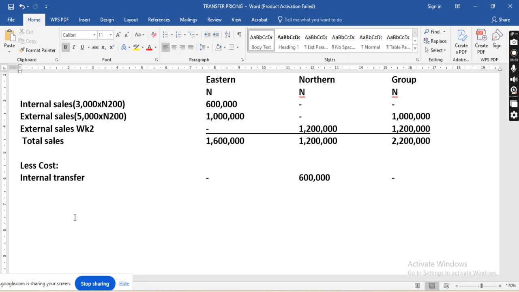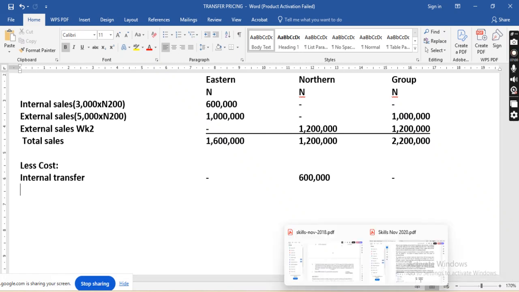I'm talking about the Eastern division, which is the selling division. In the question, they said that the external market price dropped to 180. So are we supposed to use 200 for the external sale?